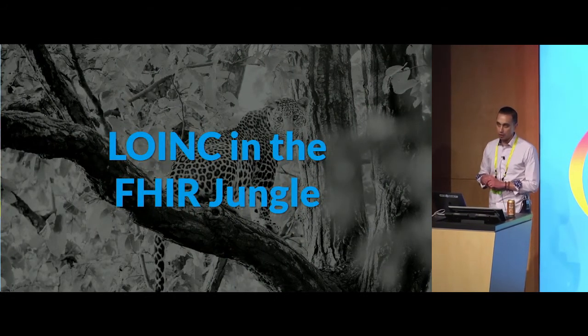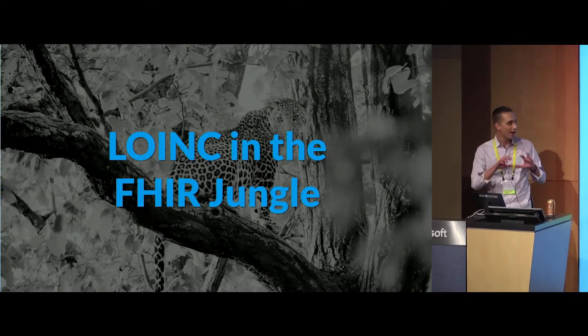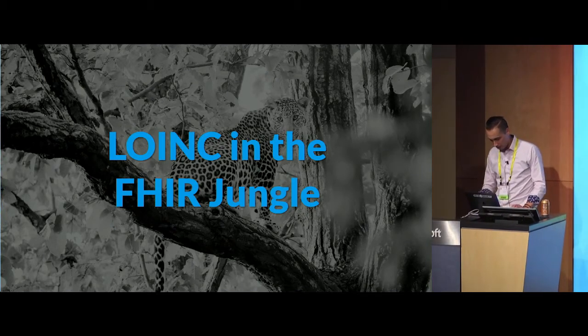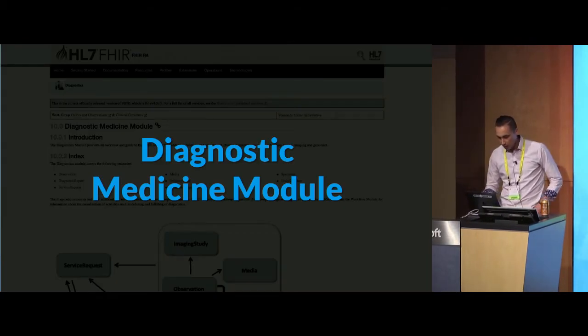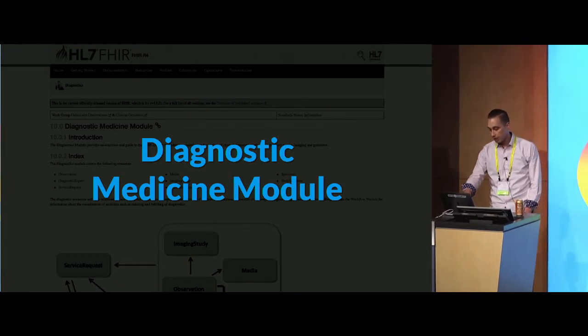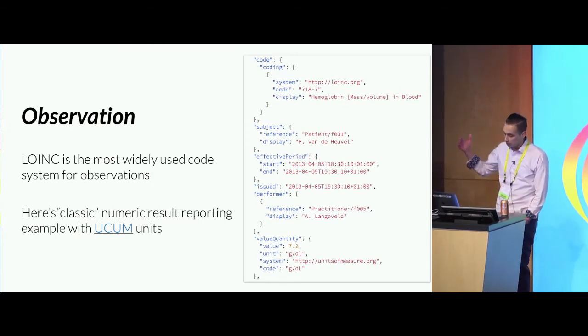So now I'd like to share a brief tour of where you're going to see LOINC out in the wild. You know, where might you encounter the spotted LOINC leopard there in the FHIR jungle? Well, obviously the first place you'll probably think of is over in the diagnostic medicine module, where we're talking about the observation resource, of course. LOINC is a widely used, probably the most widely used code system for observations.